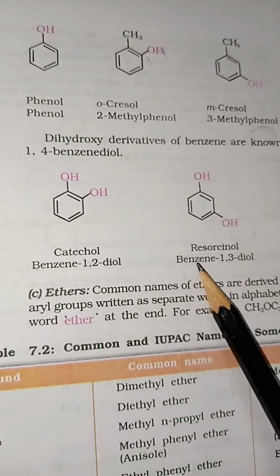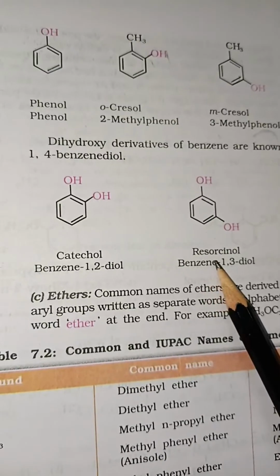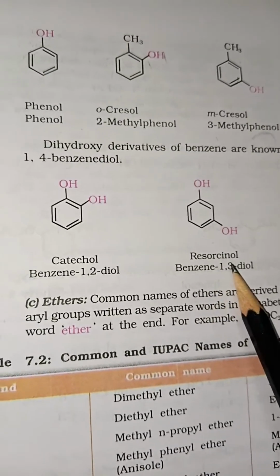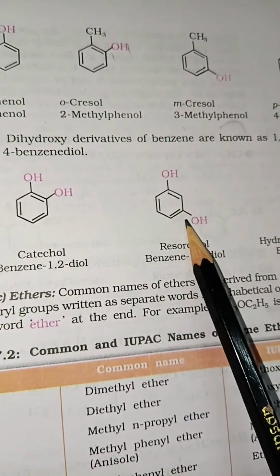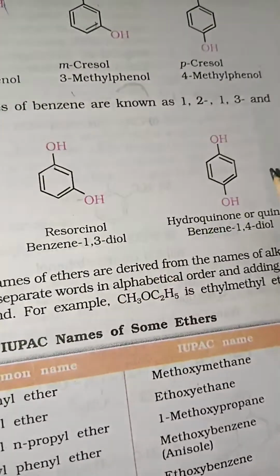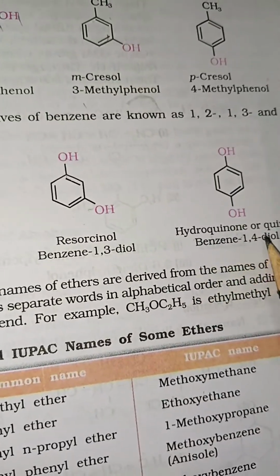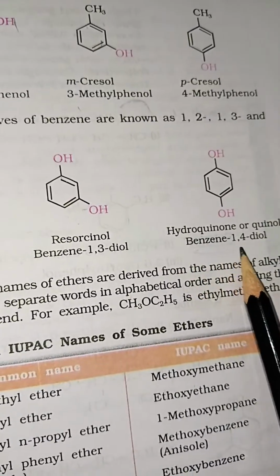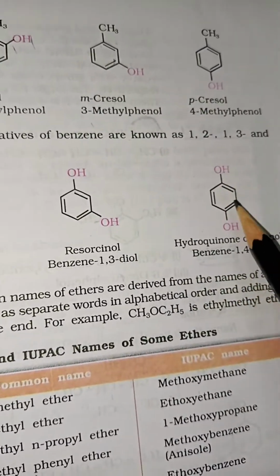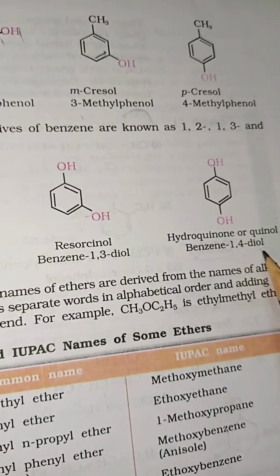This is called resorcinol, and it is benzene-1,3-diol. Next is hydroquinone or quinol. This is a common name, and this is benzene-1,4-diol. 1, 2, 3, 4, so that's why 1,4-diol.